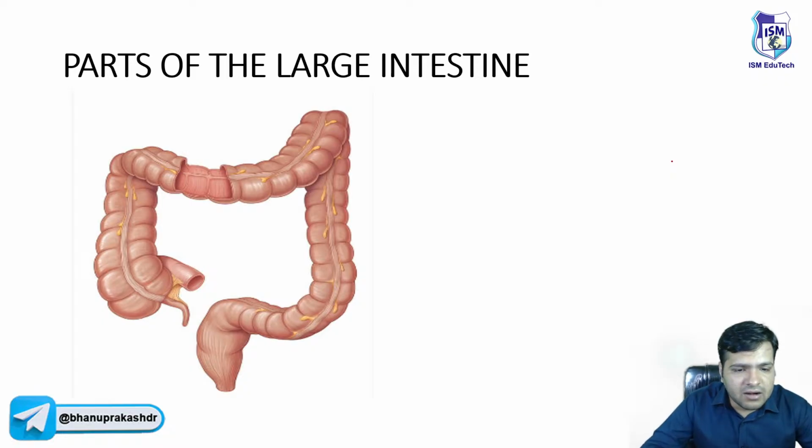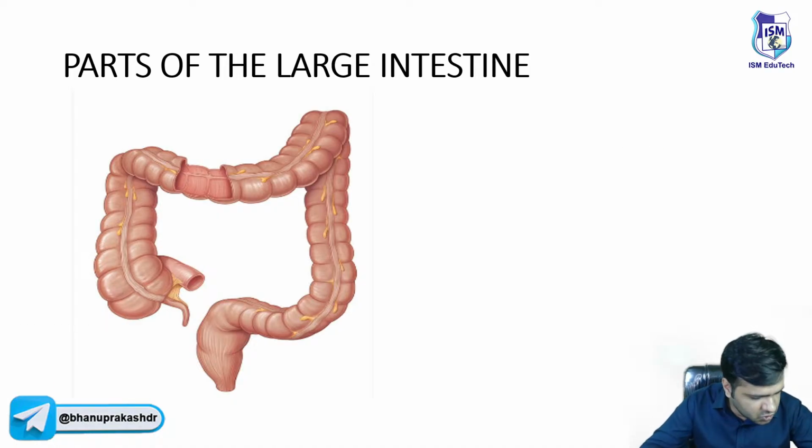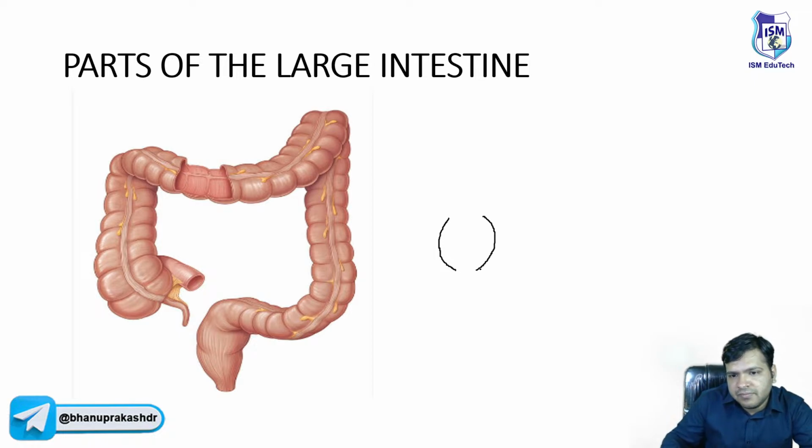If we come to the parts of the large intestine, beta, let us draw our own diagram. Let us try to draw our own diagram, and then I will come on to this particular diagram as well. You are already aware, beta, that we have this cecum.